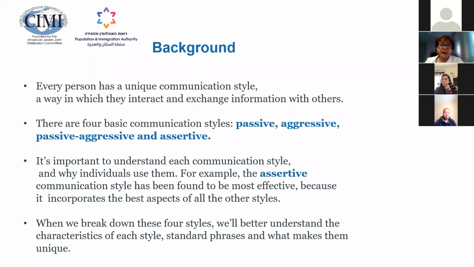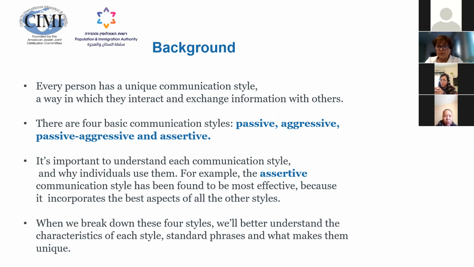First, a little bit of background. Every person has a unique communication style, a way in which they interact and exchange information with others. There are 4 communication styles that I'm going to talk about: the passive, the aggressive, the passive-aggressive, and the assertive. It's important to understand each communication style and why individuals use them.